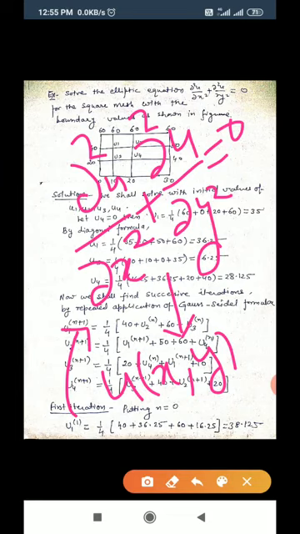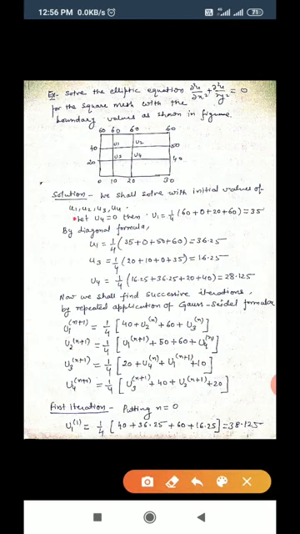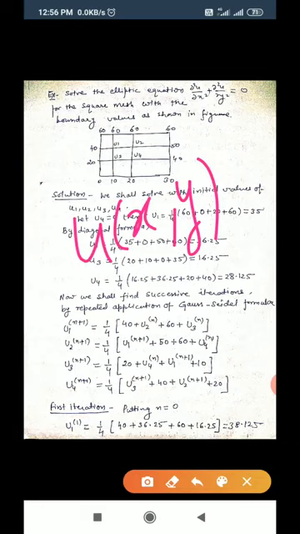So here to solve, we assume a square region R in the xy plane and suppose that the values of u(x, y) on the boundary are known.